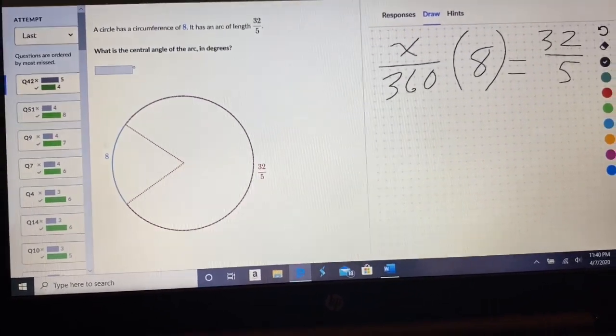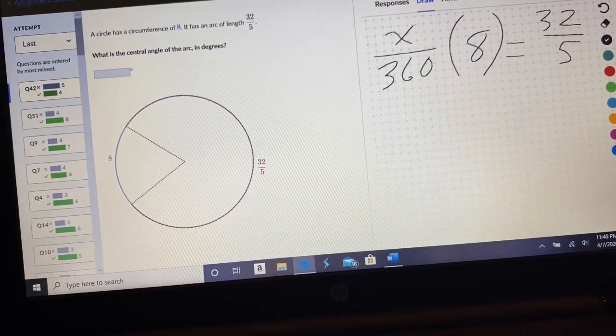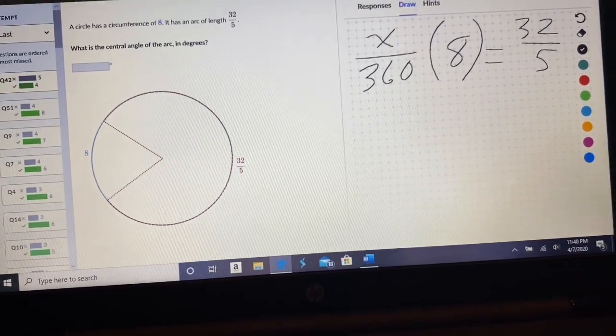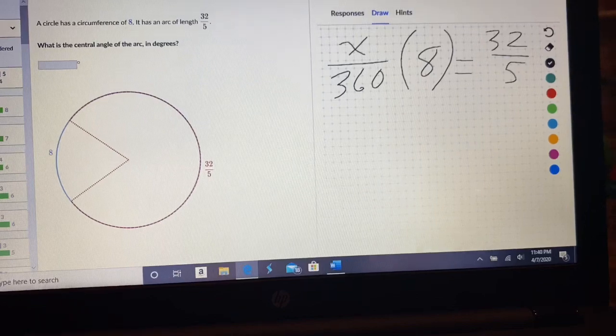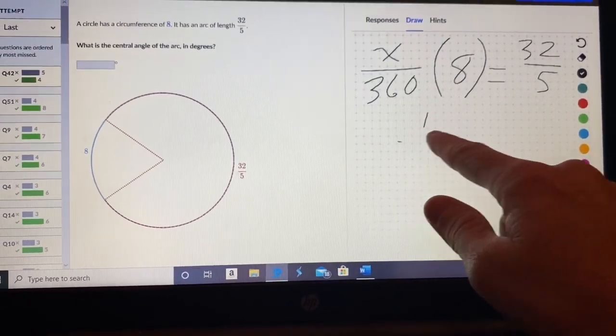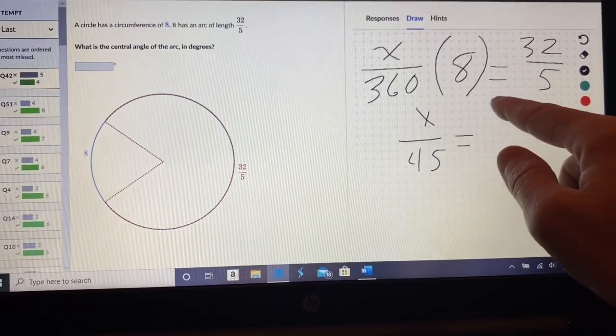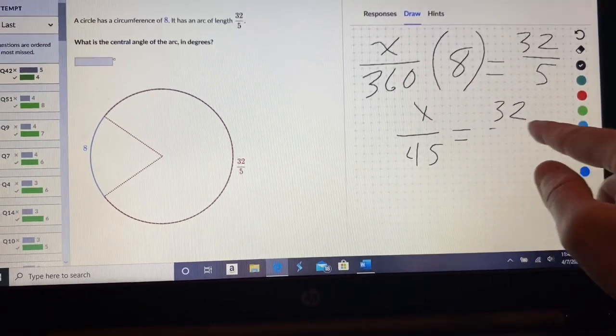Okay, 8 divided by 360 is 1 over 45. So x over 45 equals 32 over 5.